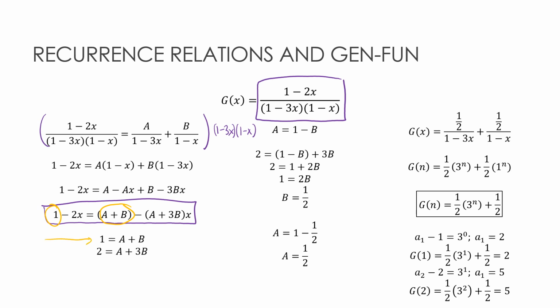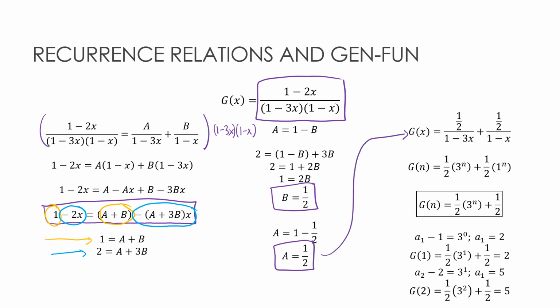The other equation comes from minus 2 and minus all of that. So notice I just dropped the minuses because that was redundant. So I have 2 and I have A plus 3B. So there's my two equations. Solve the two equations using a system of equations, and I find B is 1/2, A is 1/2.